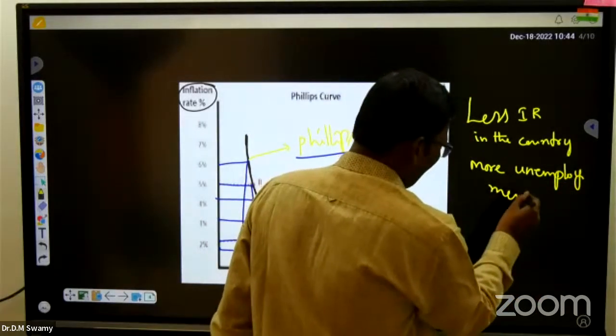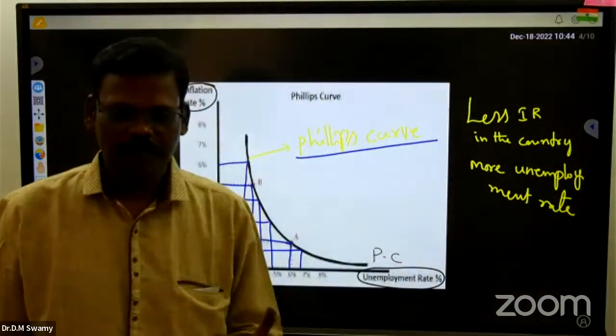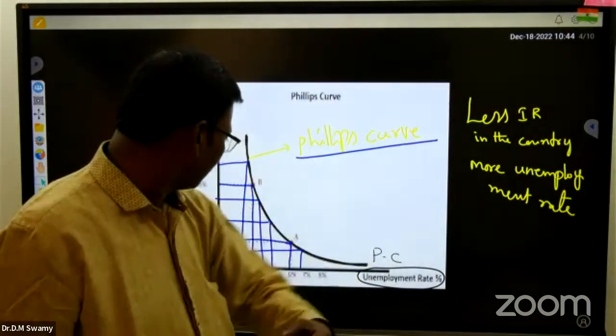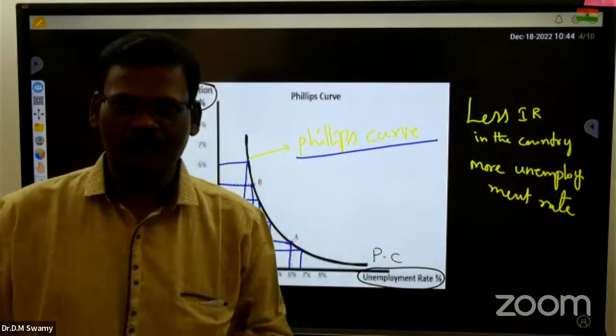Less inflation rate means more unemployment rate in the country.